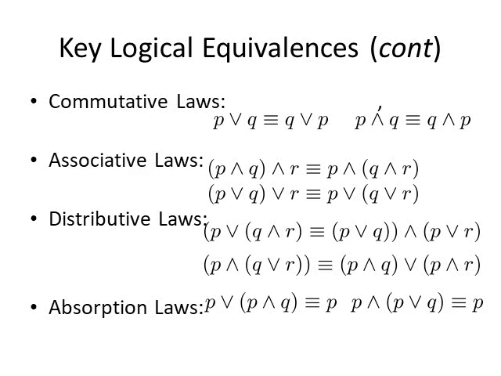Our next slide also contains a few important laws like the commutative law, associative law, distributive laws, and absorption law. Again, to prove these laws we can use a truth table. I recommend you pause this video here and try to prove at least one or two laws with the help of a truth table.